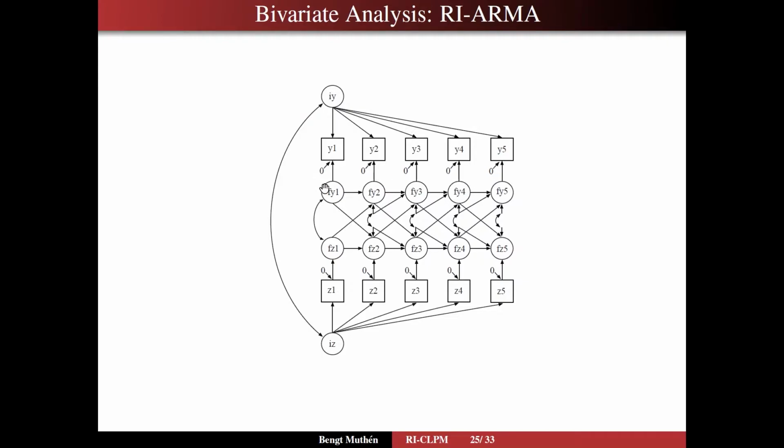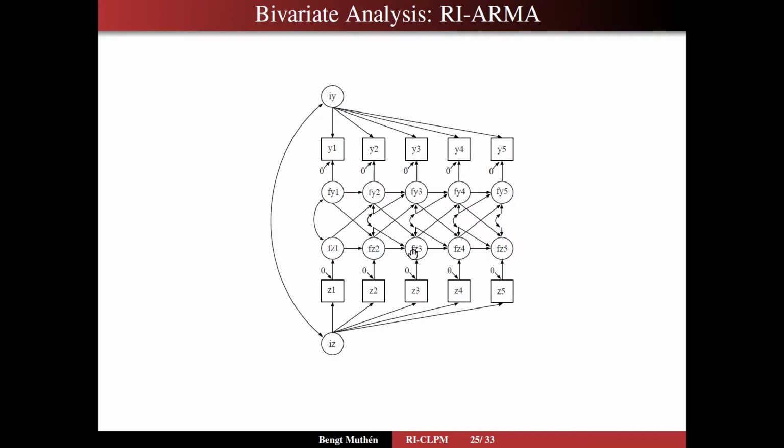Because we want to be able to regress, say, take the third time point here. We want to be able to regress y on z and z on y, but we also want to be able to work with the residuals, namely the residual of fy2 influencing fy3. That's this path here, the moving average part, the residual at an early time point influencing the variable at the later time point.